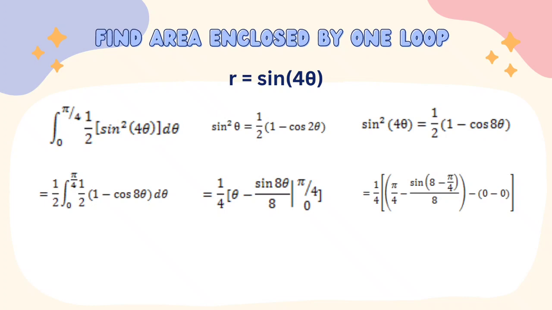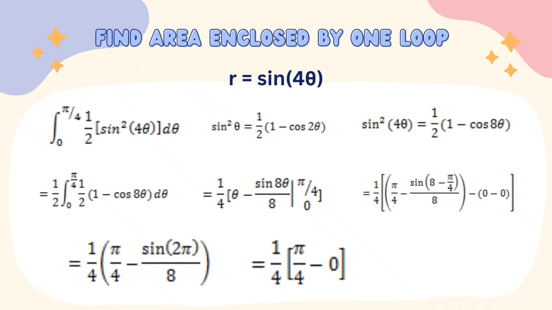Pi over 4 is just chilling. Notice 8 times pi over 4 is 2 pi, so really we get sine of 2 pi divided by 8. But likewise, sine of 2 pi is equal to 0. So if we multiply, it looks to me that we get the value of pi over 16.